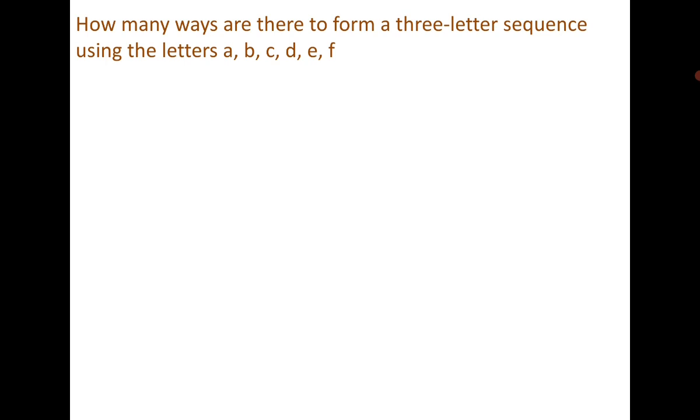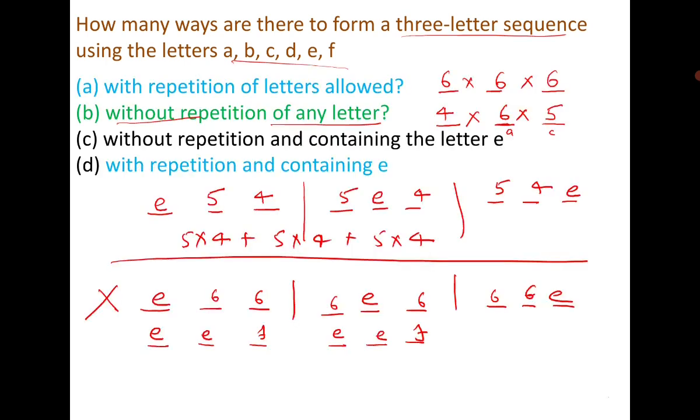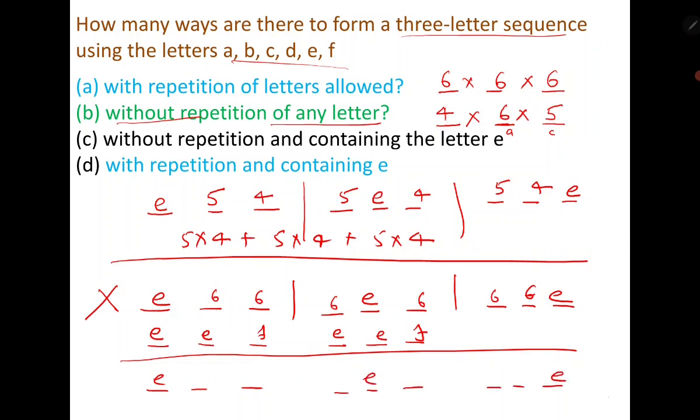So we need to think a little differently. Three positions: E is here, E is here, and E is here. With repetition, containing E, I can use 6 here and 6 here. So this is 36.